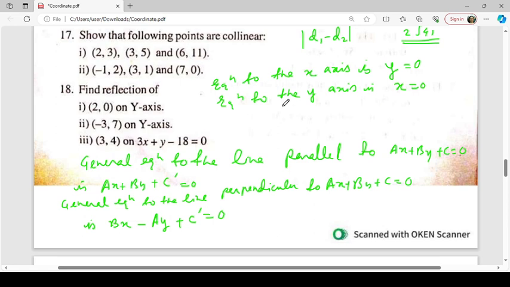The equation of the line parallel to the x-axis at a distance a will be y is equal to a, and the equation of the line parallel to the y-axis is x is equal to b. So this is all about straight lines.